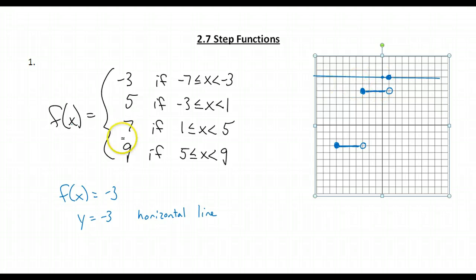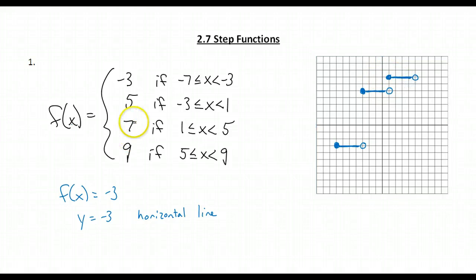I want to be on this line when x equals 1. And when x equals 5, I'm going to put an open dot on this line. And I'm going to erase all the other points, and I only want this portion of this line when x is between 1 and 5, including 1.